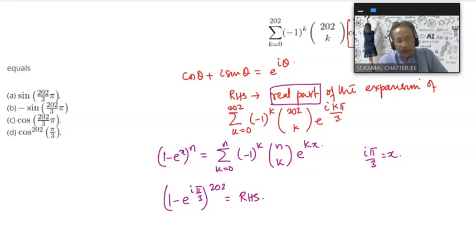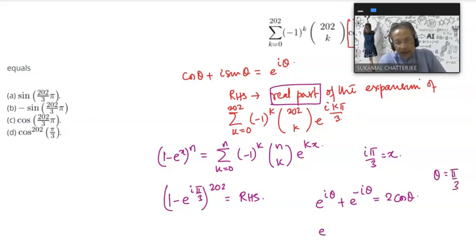Now we also know that e to the power i theta plus e to the power minus i theta is 2 cos theta. Here I can take theta as pi by 3.